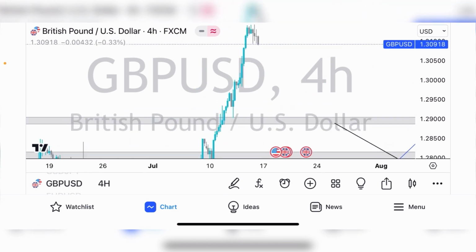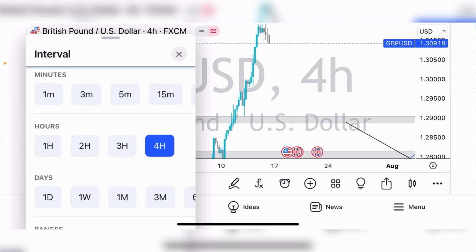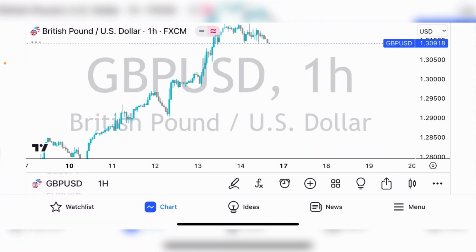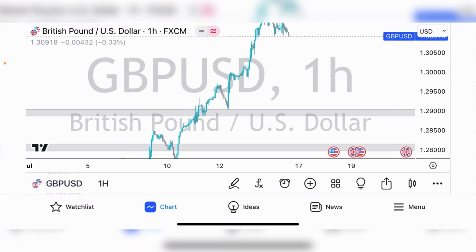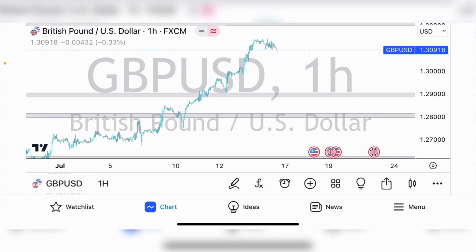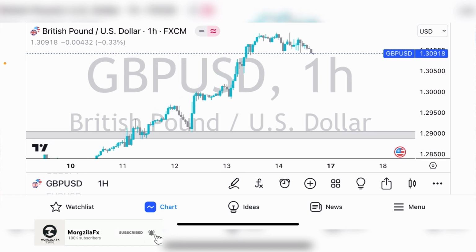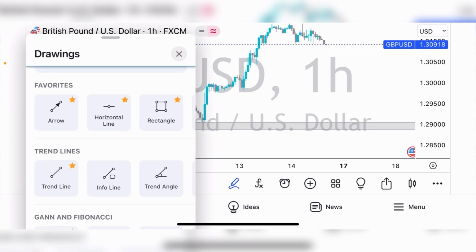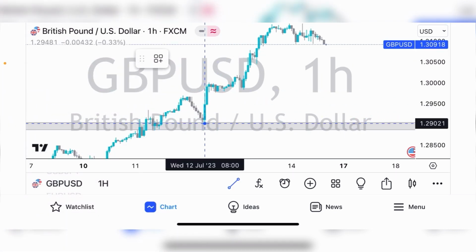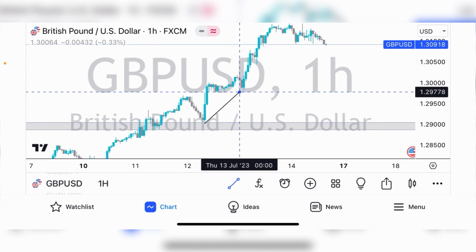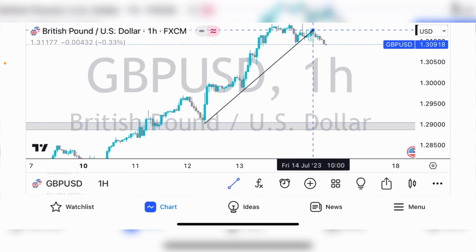So I'm not doubting this. Definitely we are selling here in the GBPUSD. We are selling till our previous support or resistance zone.